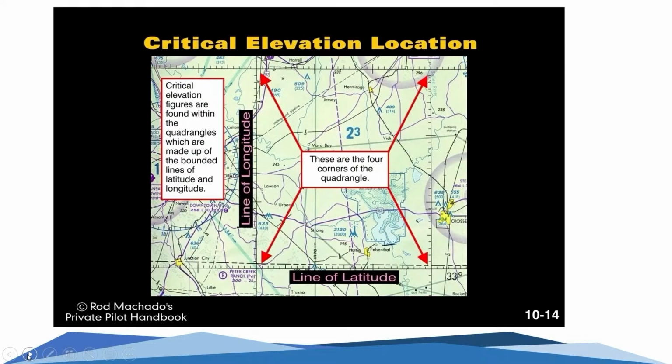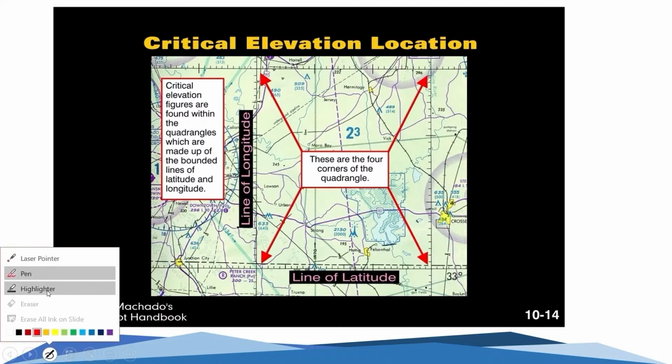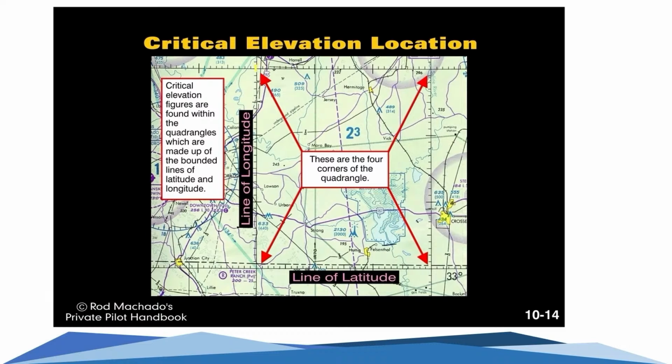Inside of your lines of latitude and longitude, you're going to have a quadrangle. I'm always going to butcher this; I hope I'm pronouncing that correctly. Basically inside of each one of these lines of latitude and longitude, it makes a box, and you're going to find a very special number in there.